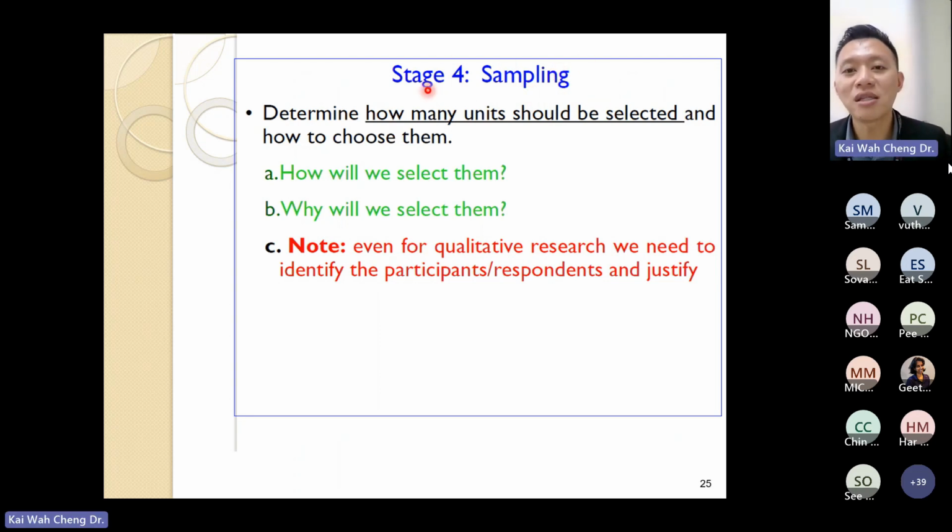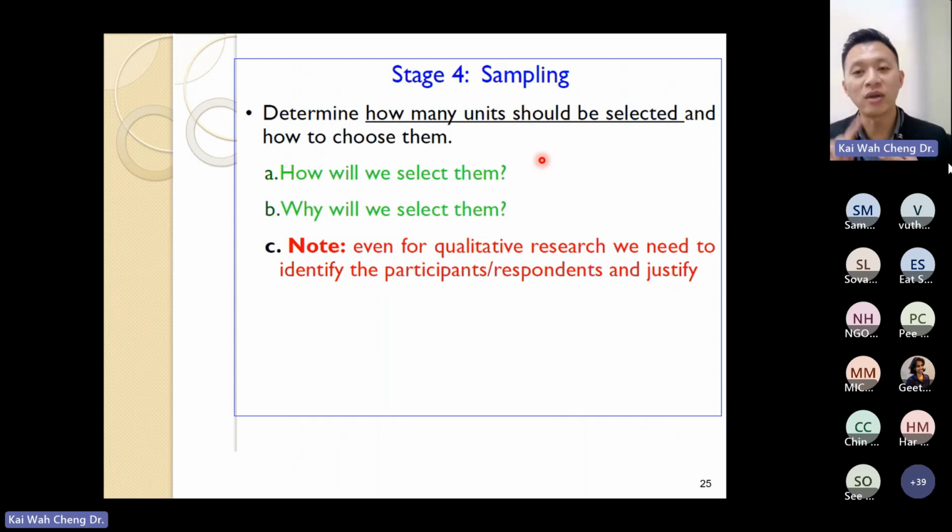Under stage number 4, we need to consider who is the target population. Either the population is household, low income household, university students, e-wallet user, transportation user, or how.